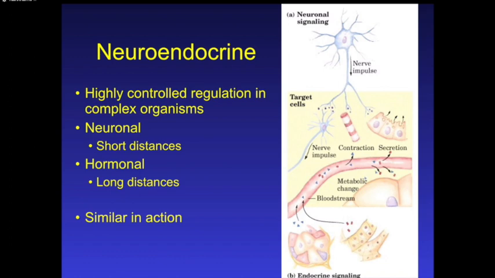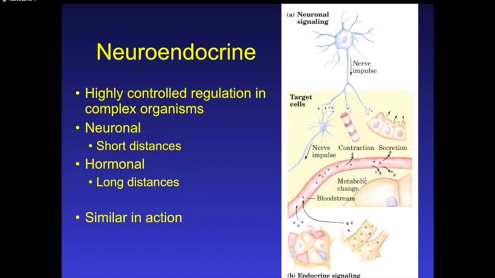Now, the neuroendocrine system includes neuronal responses, which are very, very short action, short distance, cell to cell, and hormonal, which is classified as long distances.